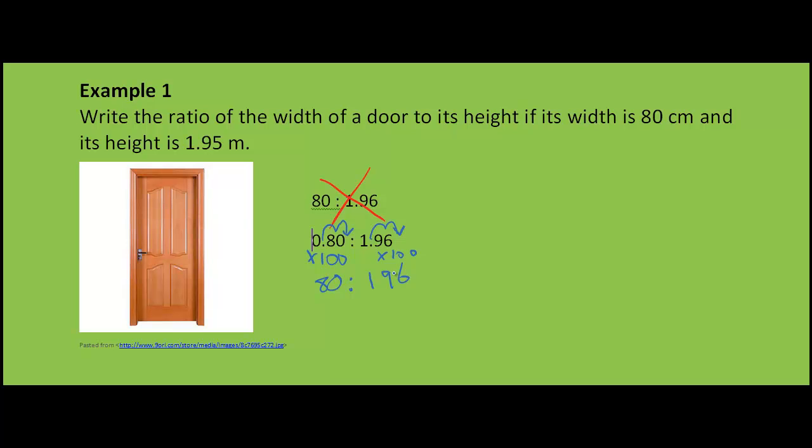So by dividing both numbers in the ratio by 4, 80 divided by 4 is 20, and 196 divided by 4 is 49. By dividing both numbers by this highest common factor 4, we get the final ratio in simplest form of 20:49.